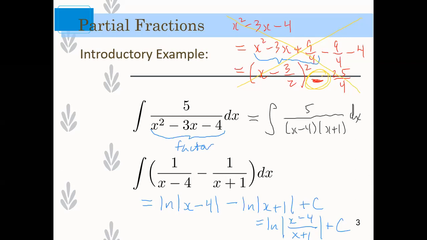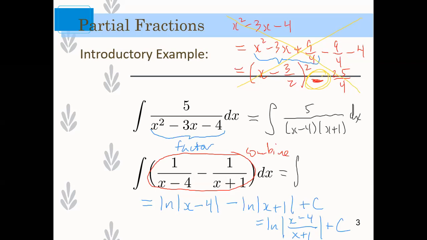You see these guys right here? What if I were to combine them? How would I combine these things? If I were to combine these things, look at what I would get. I would have to multiply the first thing by x plus 1 over x plus 1. I would have to multiply the second thing by x minus 4 over x minus 4.